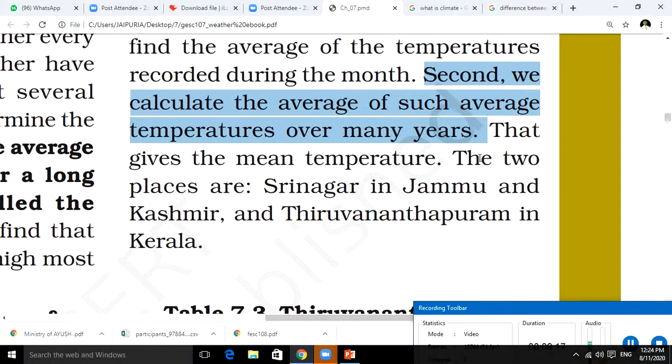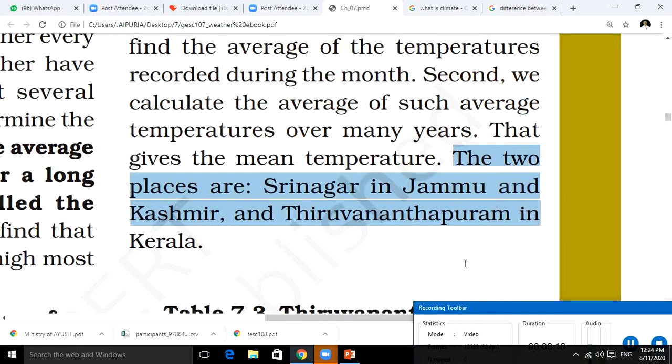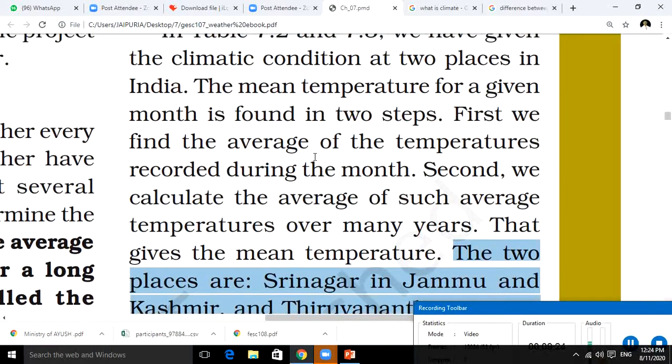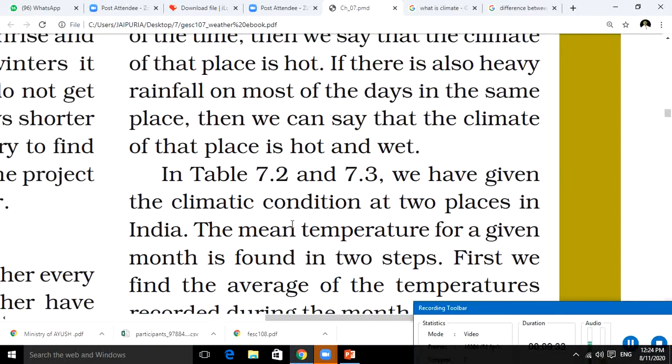The two places are in Kerala. So in Kerala, the mean temperature for a given month is found in two steps. First we find the average temperature recorded during the month, and second we calculate the average of such temperatures over many years.